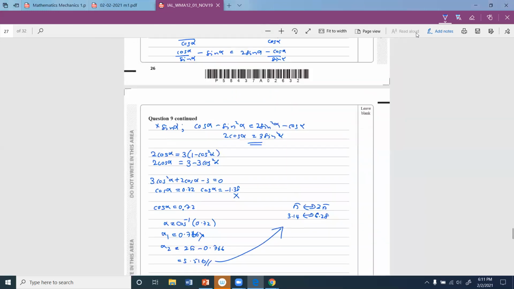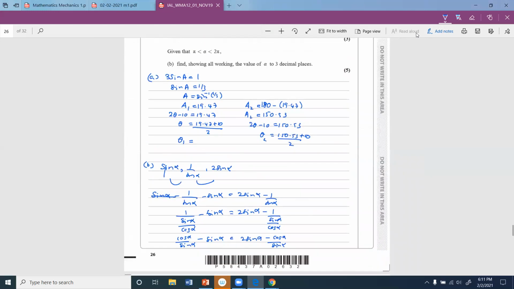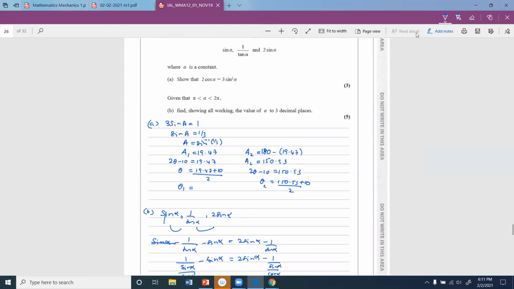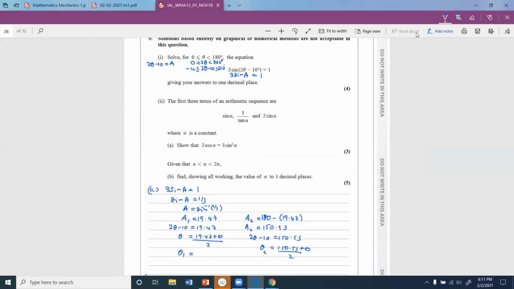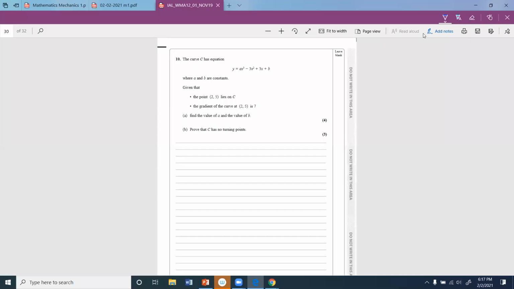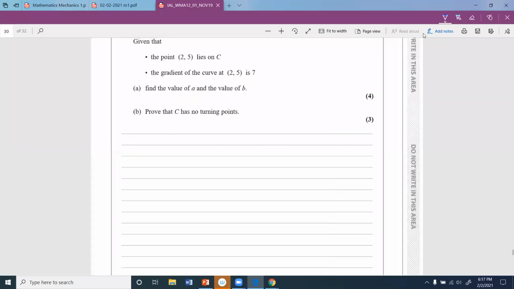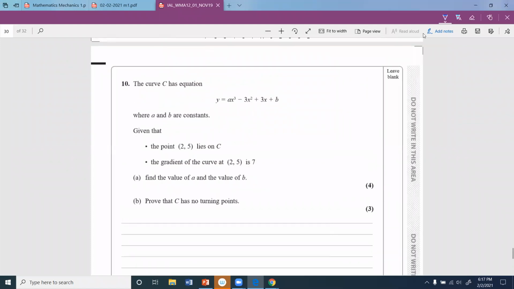Okay. Let's do 2 questions quickly. We'll go to the first question first. After that, you can go to the next one. When you come up with this question, the curve C has an equation of this, where a and b are constants, given that the point (2, 5) lies on C. That means if I substitute 2, the y value should be 5.